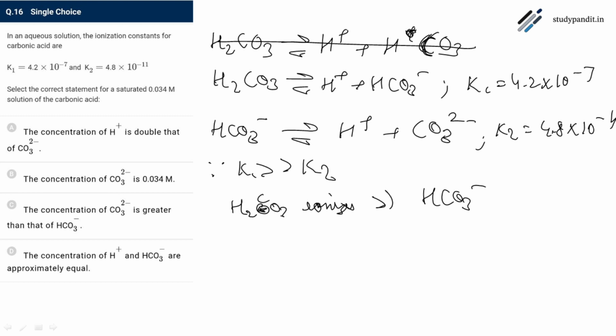Thus, the concentrations of H plus and HCO3 minus are approximately equal. So, which option says that the concentrations of H plus and HCO3 minus are approximately equal? D is the answer. Moving on to the next question.